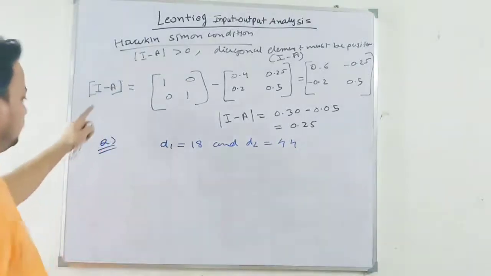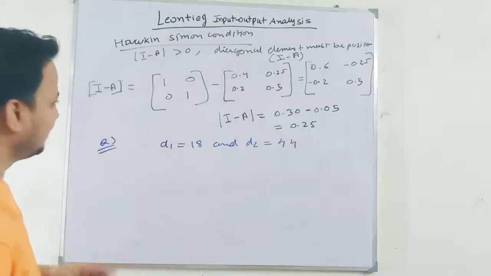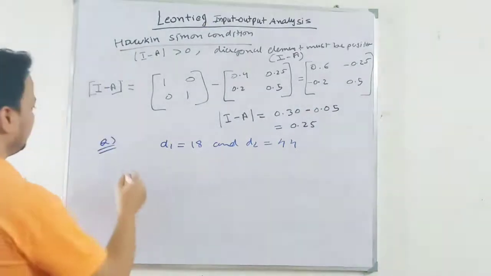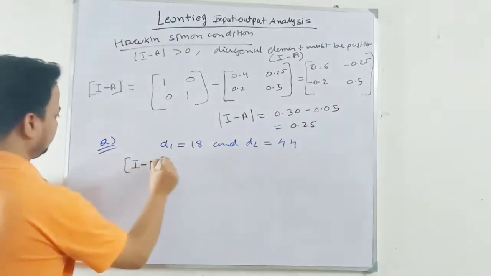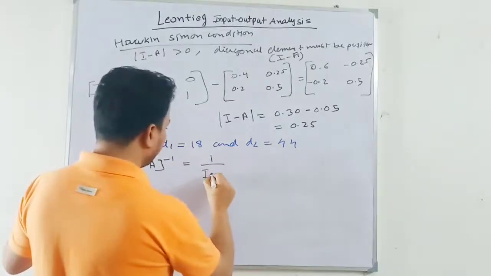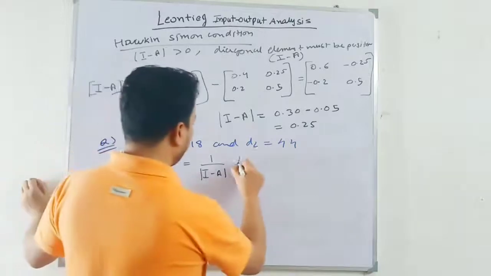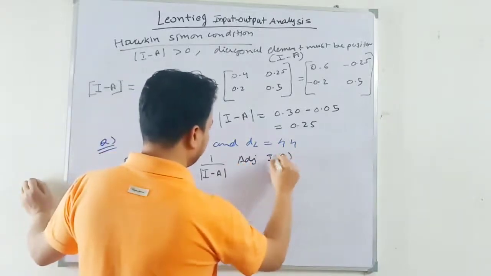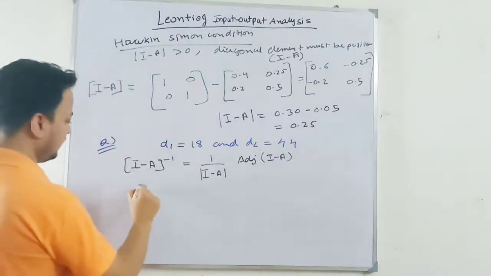So we know the formula. We have to take out the inverse of this matrix, which is 1 over the determinant of I minus A times the adjoint of this matrix. Don't get confused if I write I minus A; just consider this as A hat inverse.